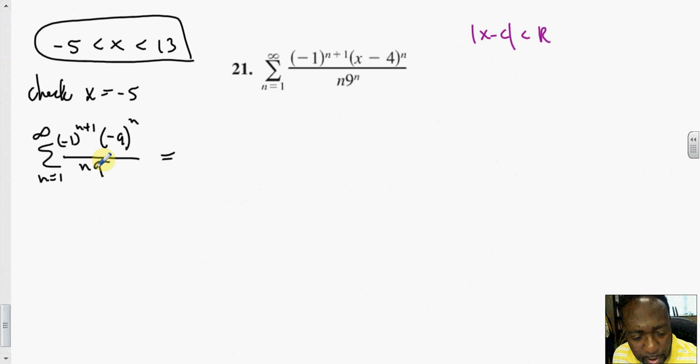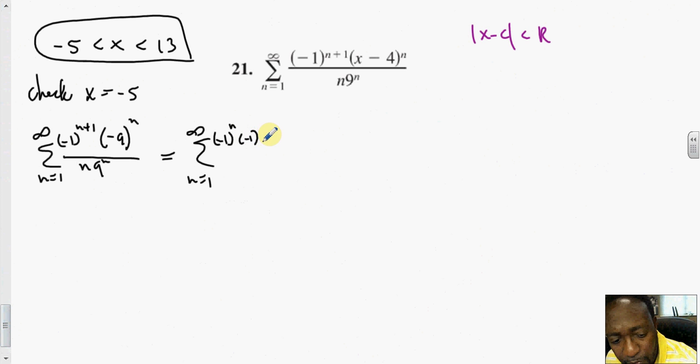Simplify. We want to cancel this out, but it's a negative there. So we're going to pull out negative 1 to the nth power. So this is the summation as n goes from 1 to infinity. I'm going to write this as negative 1 to the n times negative 1, and then times negative 1 to the n times 9 to the n.